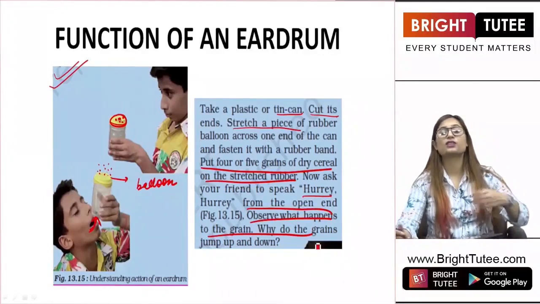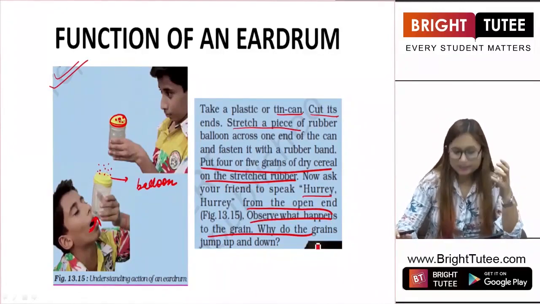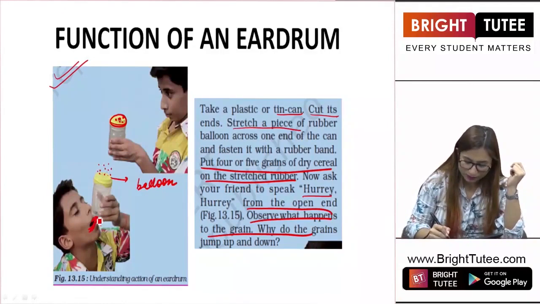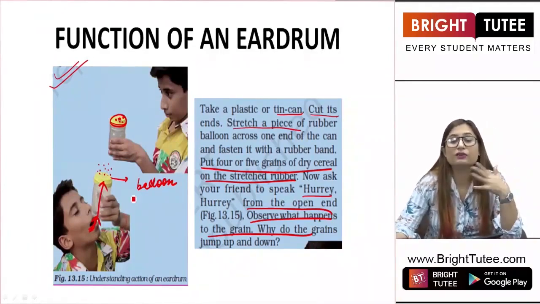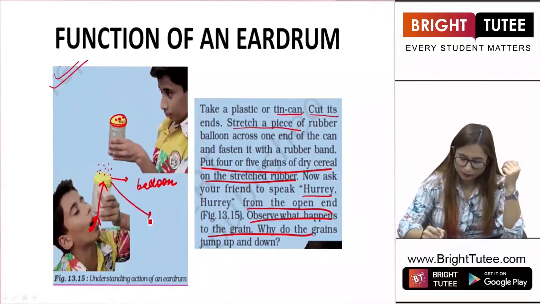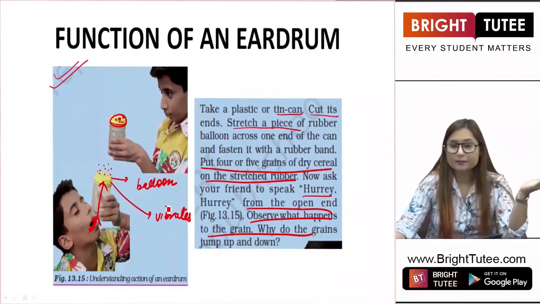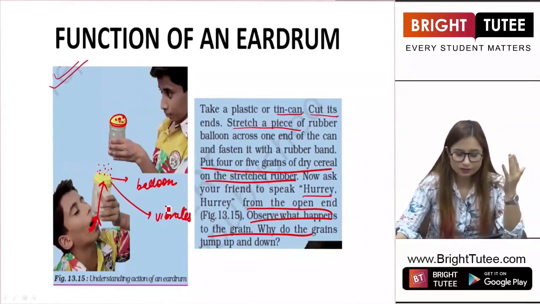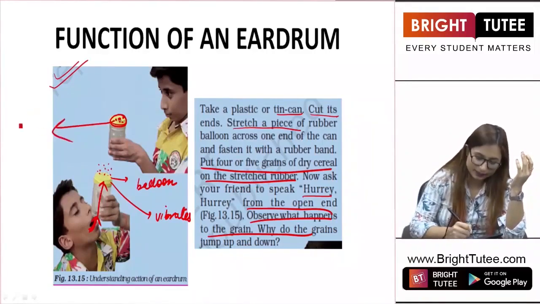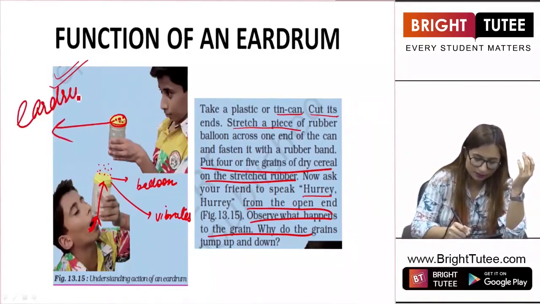Why do the grains jump up and down? This is because the sound coming from here reaches this balloon and the balloon starts vibrating, right? This balloon vibrates and hence the grains start jumping up and down. This is a very smart activity to understand the function of an eardrum. This rubber balloon is acting like an eardrum here.